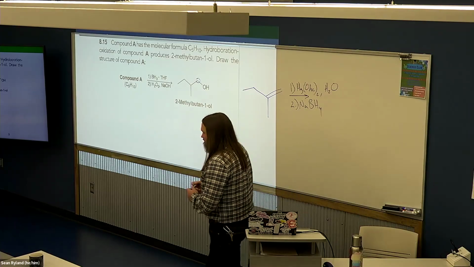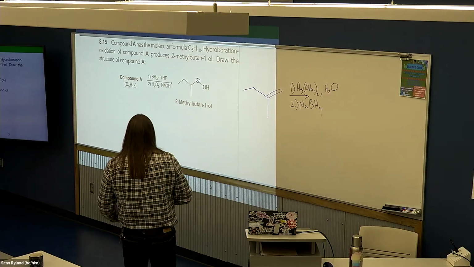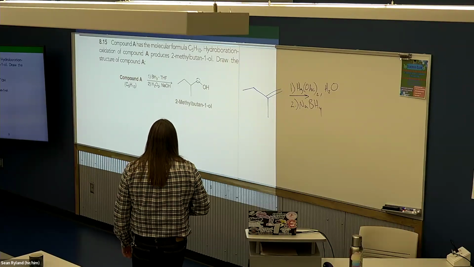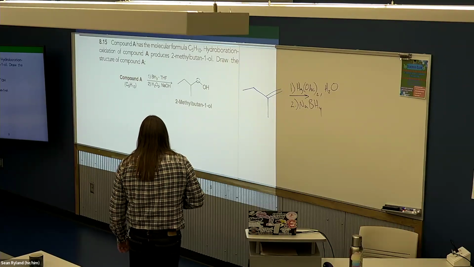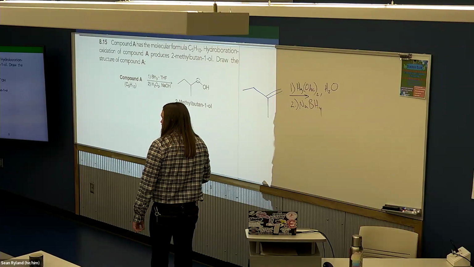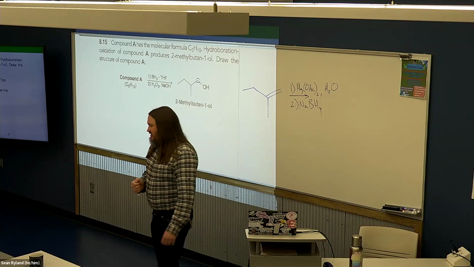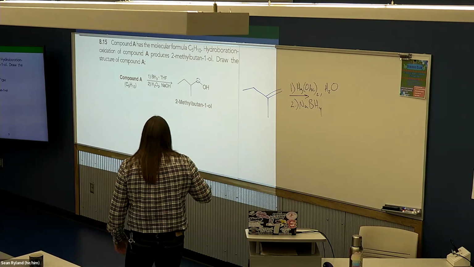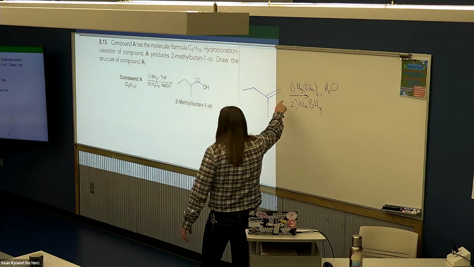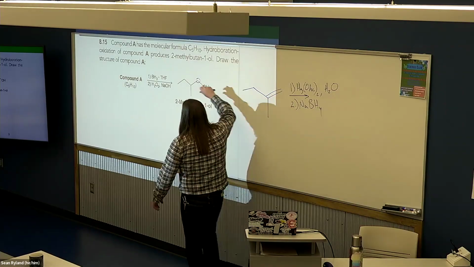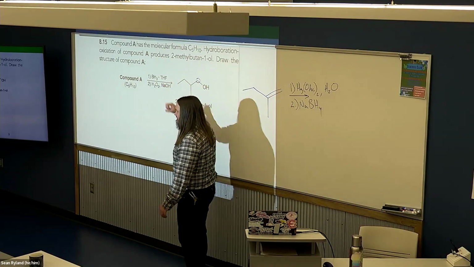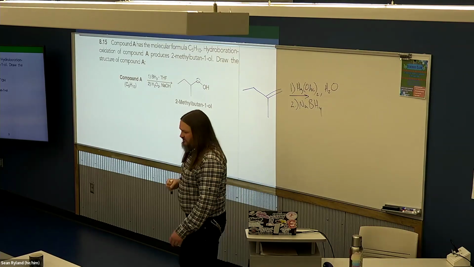We get an OH again. It's also a hydration reaction. So we break a pi bond, add an OH. Where do we add this OH? Most substituted. So this is our Markovnikov hydration. Hydroborations are anti-Markovnikov hydration.